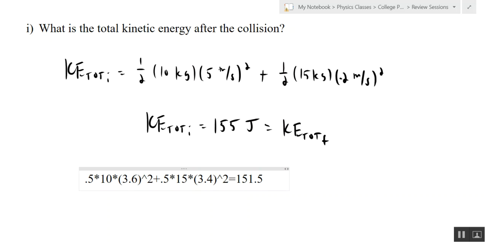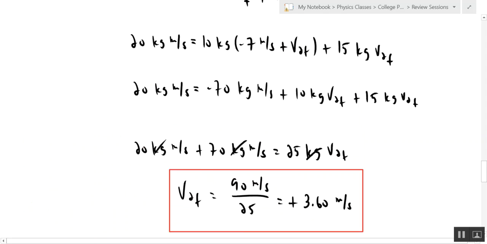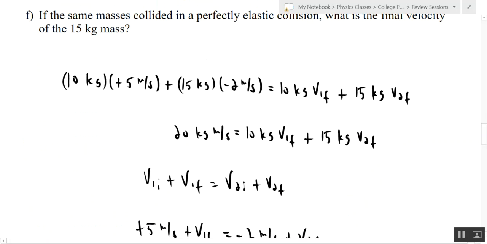Hold on a second, let me look at something. So 20 times 10. Did I write something down wrong somewhere? Did I write one of the masses down wrong? So this is 10, 10 and 15, right? So that's 20, right? No, this first part, 50 minus 30, it's 20.